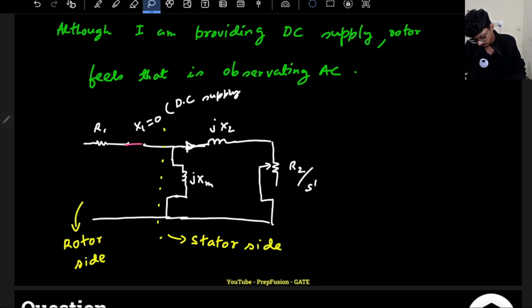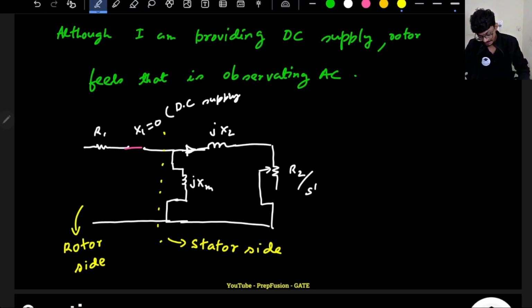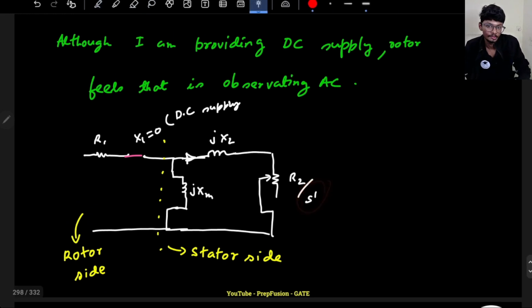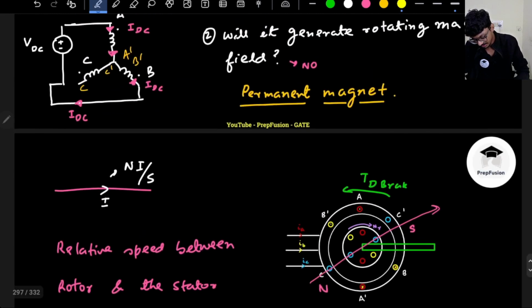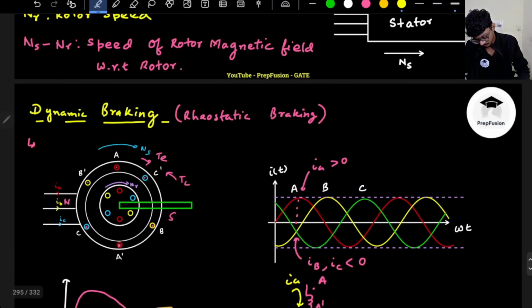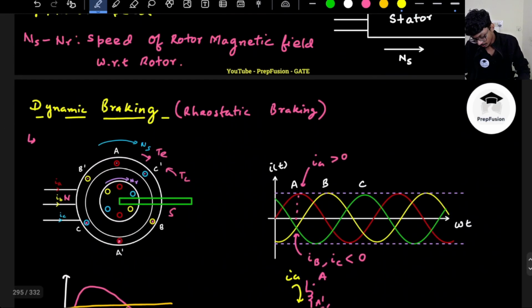Okay. So now what will be this S prime? That is what we want to discuss. What will be the S prime? S prime we can understand from this. If you remember in the first case, what was the frequency of the induced EMF?